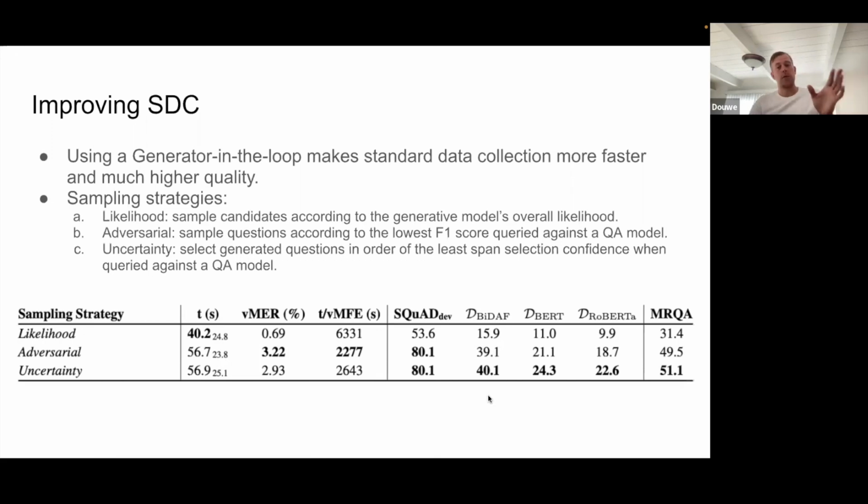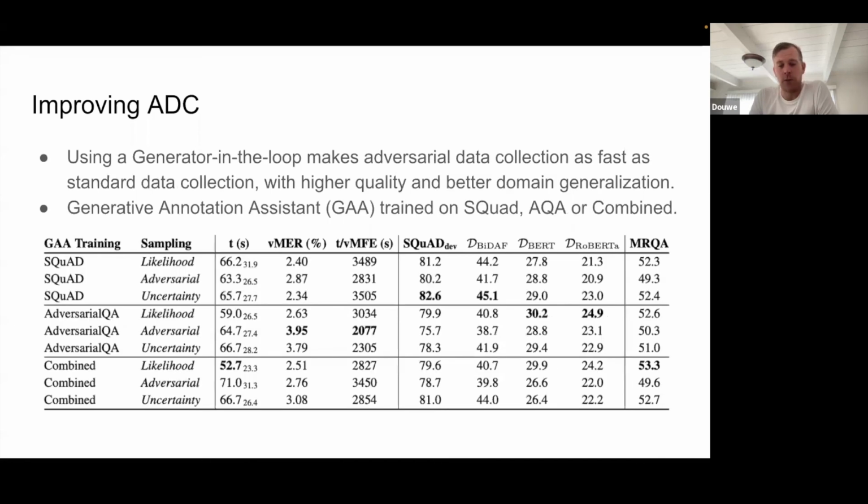So that's nice for standard data collection, but obviously I'm expecting adversarial data collection to do even better. What we showed after this is that when you use a generator in the loop, you can make adversarial data collection essentially as fast as standard data collection. So the concern about this taking more time and needing to pay more money basically goes away.